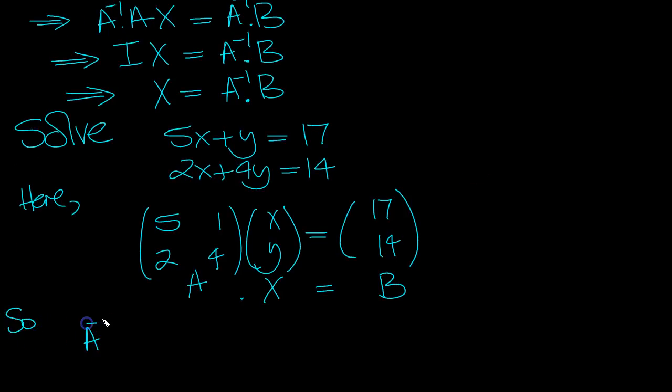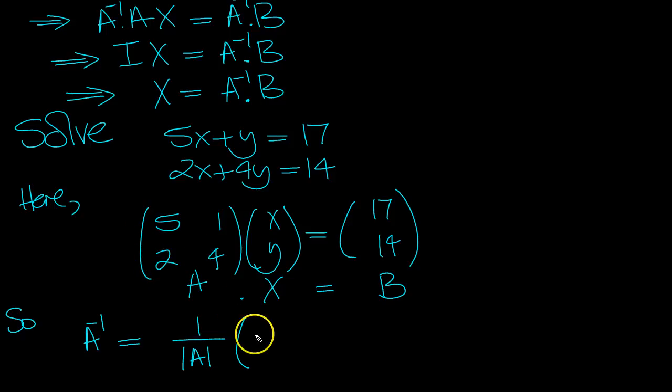A to the minus 1, then the inverse of a 2 by 2 is 1 over det A. You can write det A like this, and then it's times by, you swap these around and you flip these minuses here. Okay, let's do that.